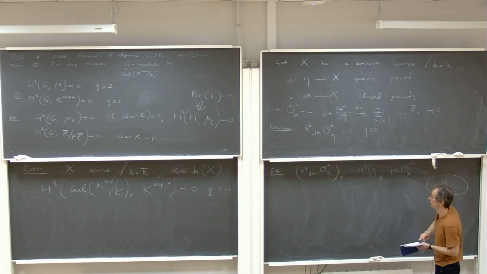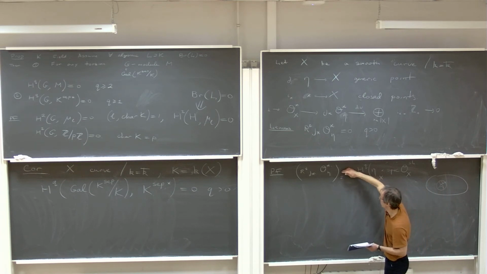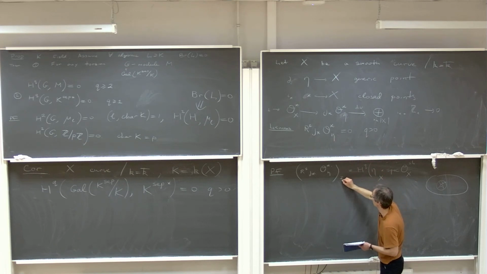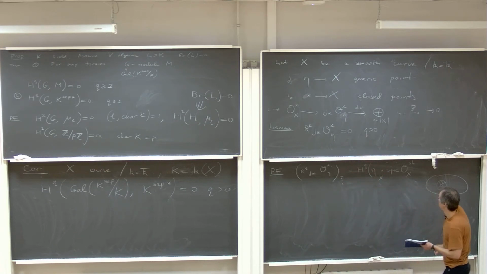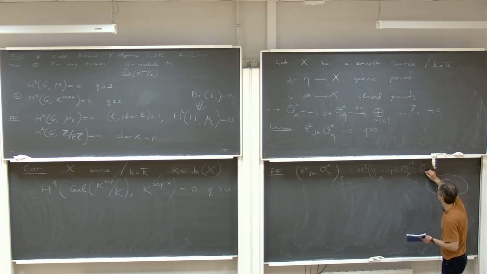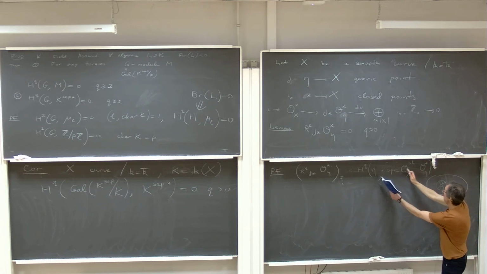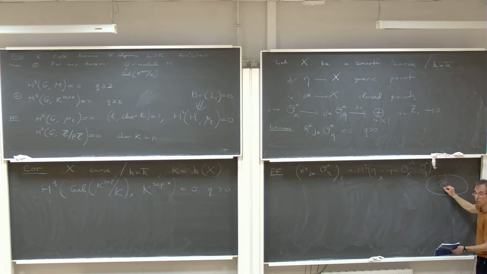I don't need to write the bar if you wish, because my field is algebraically closed, so this is just X. So think of this geometrically as a very small punctured disk.